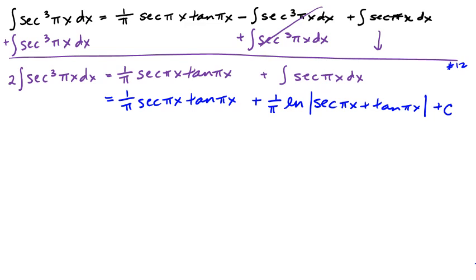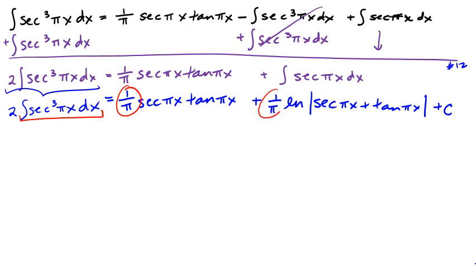Okay, so what I have is this equal to all of this. So a couple things. Remember, what I want to find is this. So what I can do is divide everything by 2, and that will get this by itself. I can also take this GCF out.